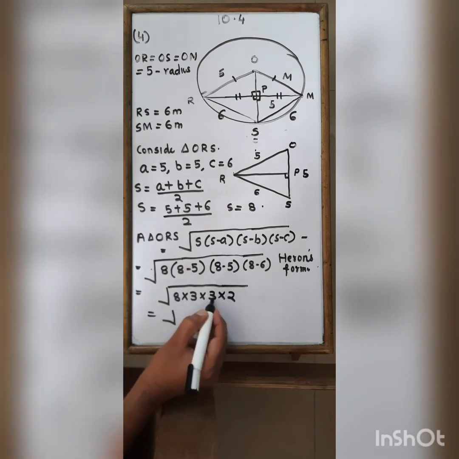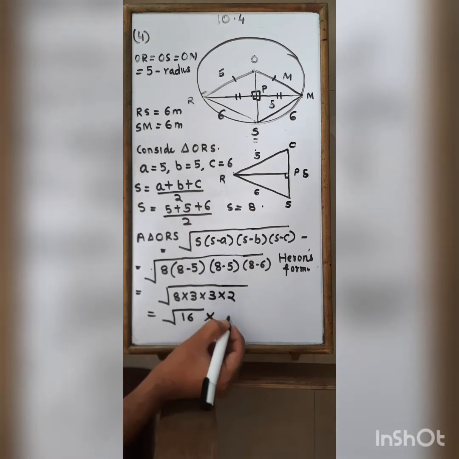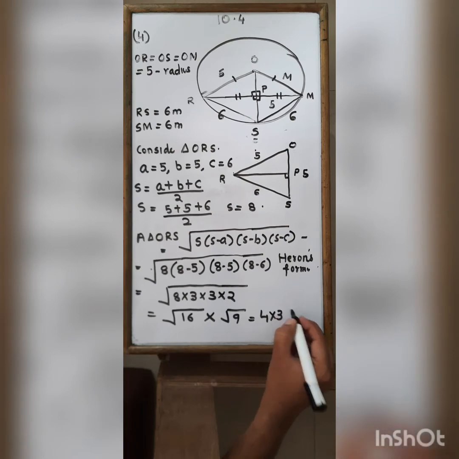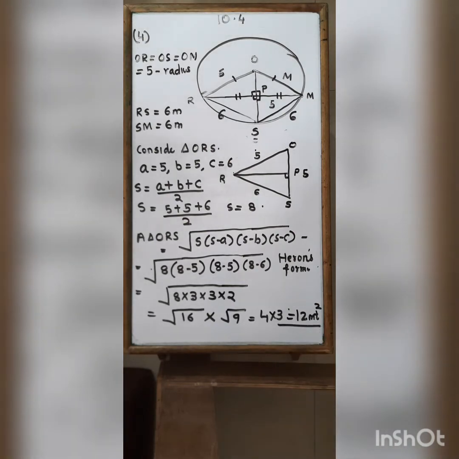You can write it as the square root of 3 into 3 and 8 into 2. So the square root of 16 into the square root of 9. This becomes 4 into 3, which is equal to 12 meter square. Okay, so note down up till here. The area of triangle ORS is 12 meter square.